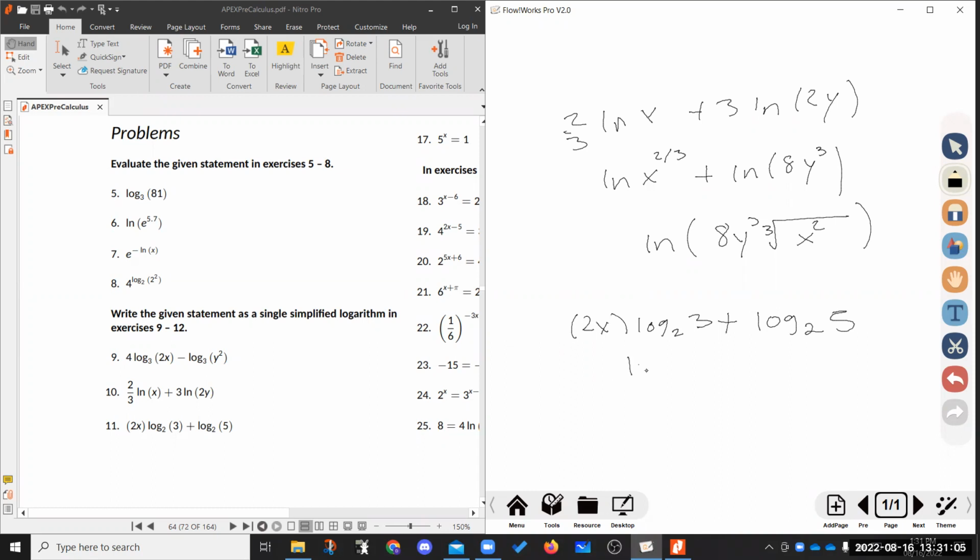So this is going to be log base 2 of 9 to the x plus log base 2 of 5, which is log base 2 of 5 times 9 to the x. You could have left this as 3 to the 2x if you want. That would have also been the same thing.